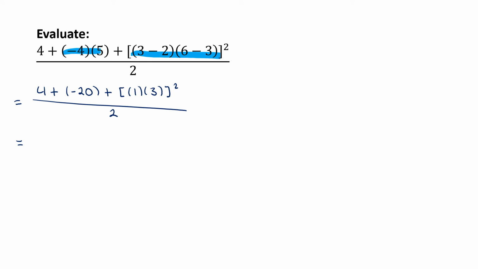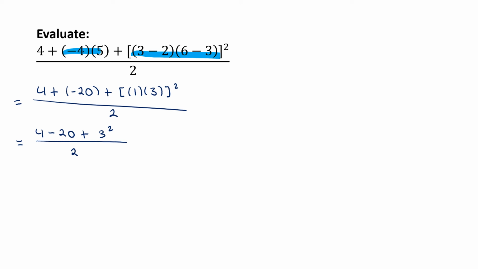Now the next step. We did the small brackets, but we still didn't finish the brackets since there are still these larger brackets over here. So now we need to get rid of those brackets as well. So this is equal to 4 plus negative 20, plus 1 times 3, since they are in brackets, we can just write it as 3, because 1 times 3 is 3, squared, divided by 2.